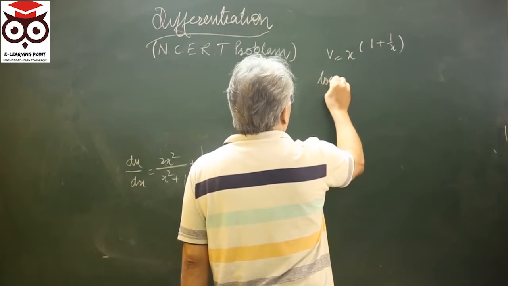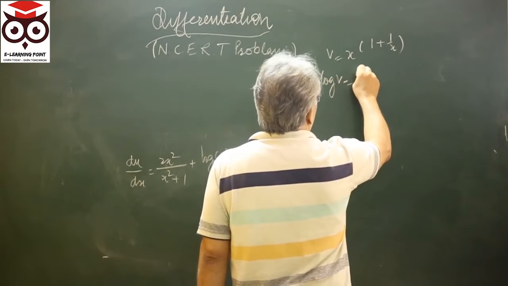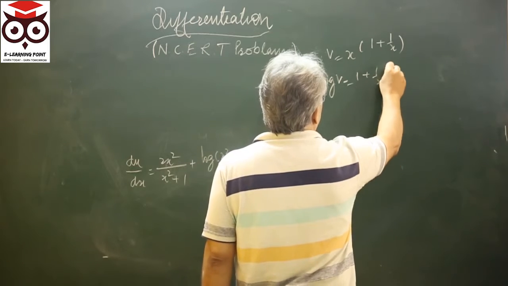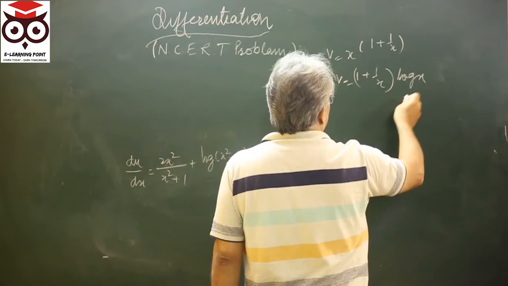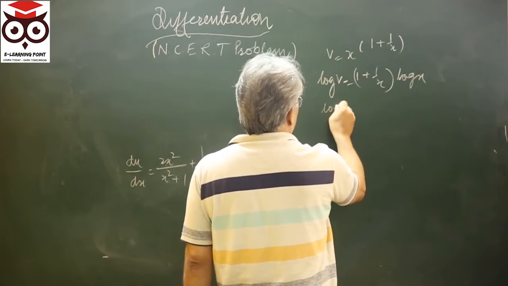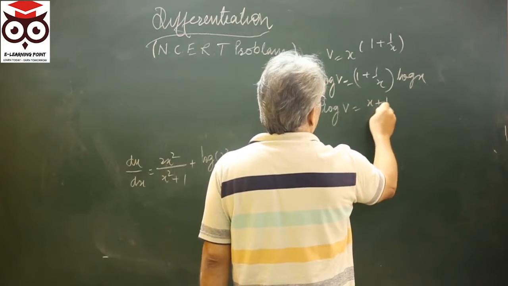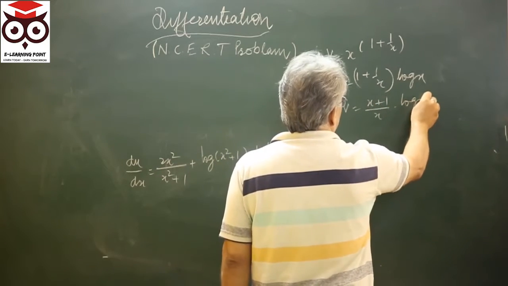So, taking log both sides, log v is equal to 1 plus 1 upon x log x, okay? Then you will sort it out algebraically. This is x plus 1 by x log x.